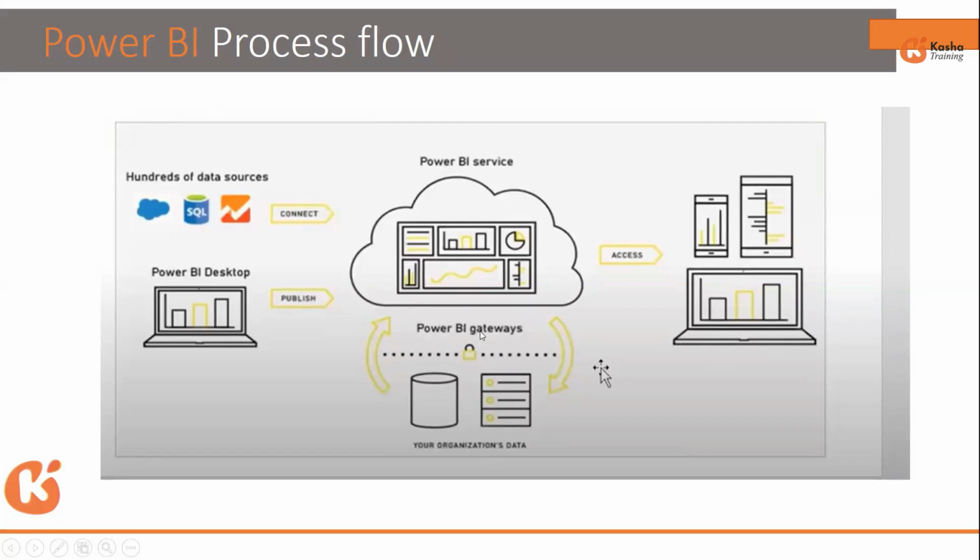We have to install this gateway for the Power BI service, and then only your organization's data is accessible. I can't access your data and you can't access my data, so this is secure. Once this is done in the Power BI service, you give access to the end users, and the client can use it on their laptop. They can use the access.